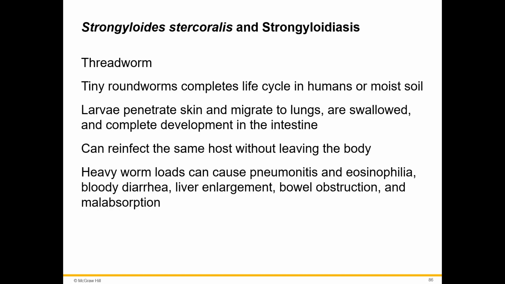Heavy worm load can cause pneumonitis or eosinophilia, right? It can cause bloody diarrhea, and it can cause your liver to enlarge. Then you've got obstruction of bowel movements.